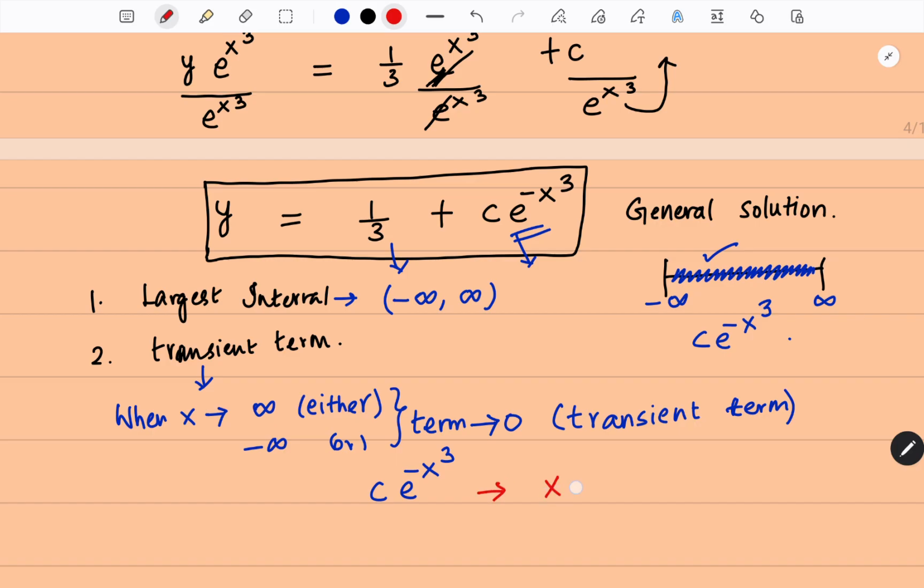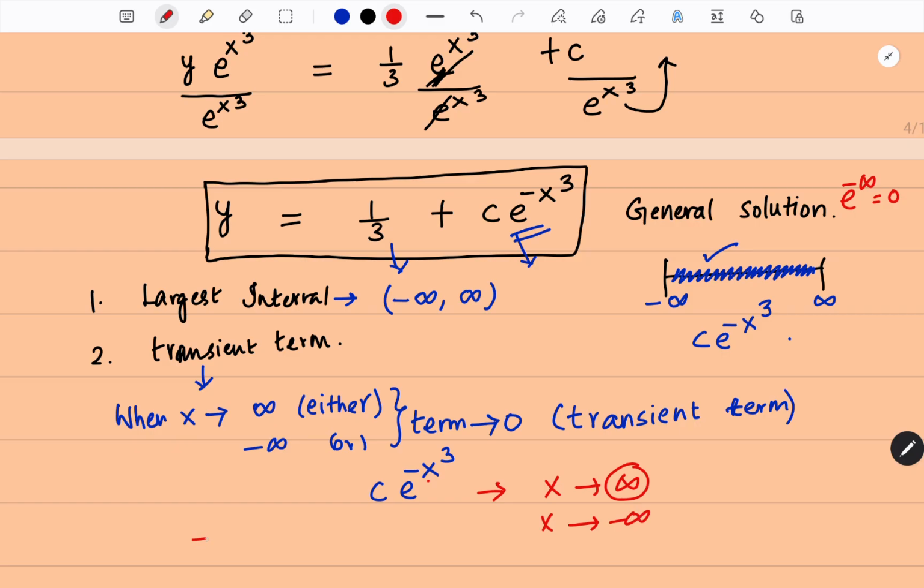You just put either x goes to infinity or x goes to minus infinity. Automatically, e power minus infinity becomes 0. Teacher, e power infinity is infinity. I said either one value, either infinity or minus infinity. That particular term vanishes to 0. So automatically when I put this one, I'm getting 0.